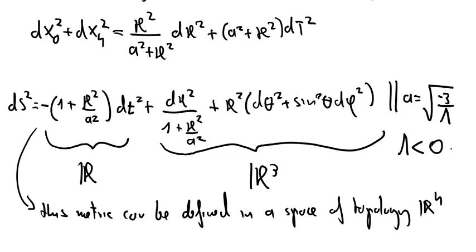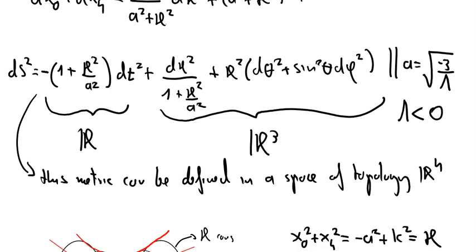Okay, so that's the geometric definition of anti-de Sitter. But what about its global structure? To study its global causal structure, we do the conformal compactification, and the procedure is again the same as for Minkowski and de Sitter.